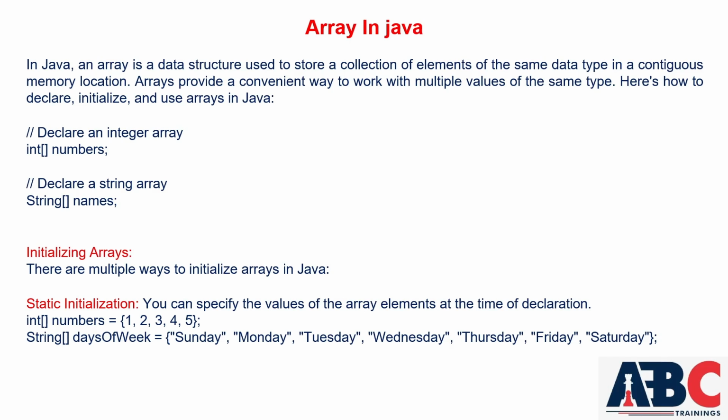And then the string array, String daysOfWeek, where daysOfWeek is the array name, and we assign the values Sunday, Monday, Tuesday, Wednesday, Thursday, Friday, and Saturday. This is the declaration of an array.